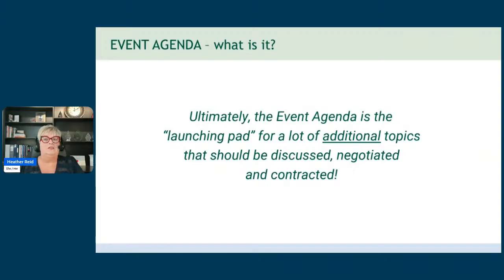And it is these very topics that specifically address the event's meeting space and food and beverage function needs that we should be discussing, and we should be negotiating them with the supplier partner, and then we should be putting them in writing into the final negotiated contract.